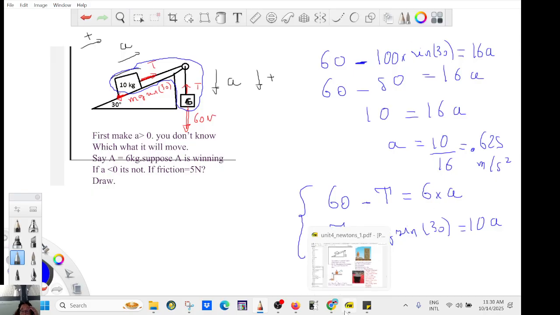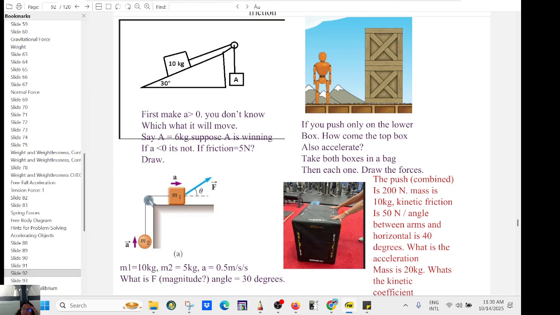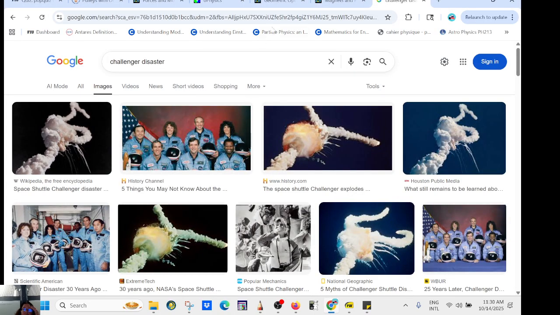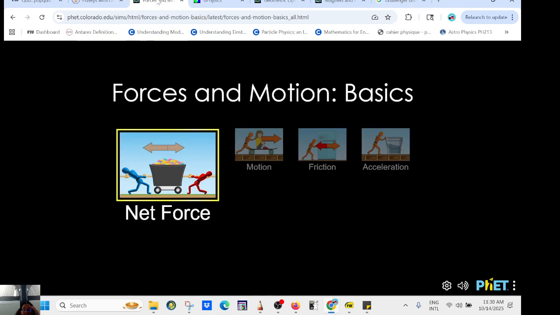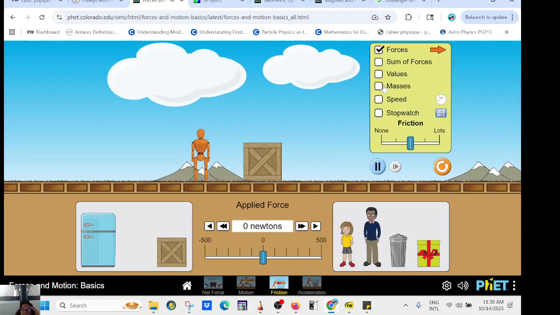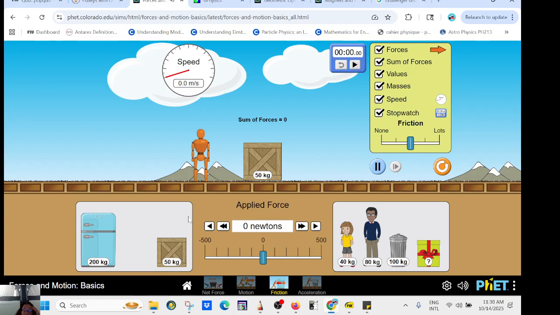Okay, and then this one is more challenging because you see you have two boxes. Okay, so easy. You see, it's not moving. How come it's not moving? Exactly. So that will be called static friction.